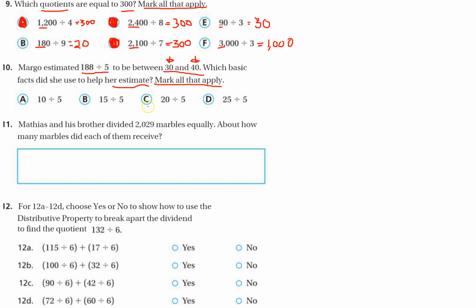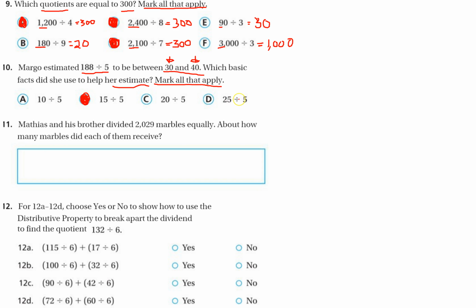So we need to find the basic facts down here that will give us 30 and 40, or in this case, 3 and 4. Well, 15 divided by 5 is 3, and if I add my 1 zero, that would be 30. So she used this basic fact to get the 30.